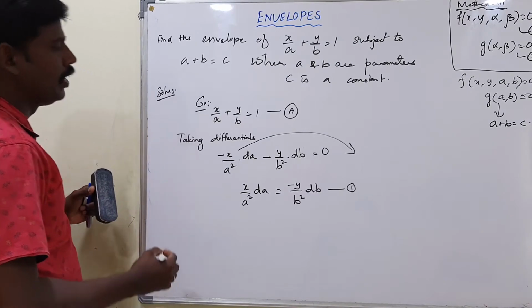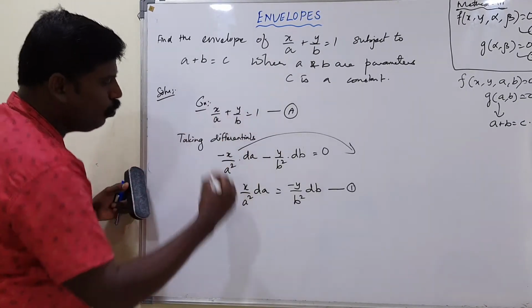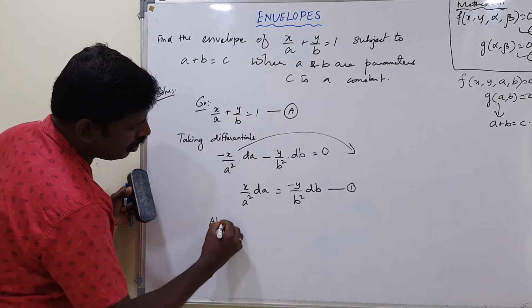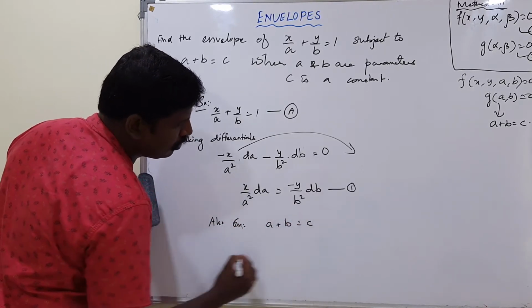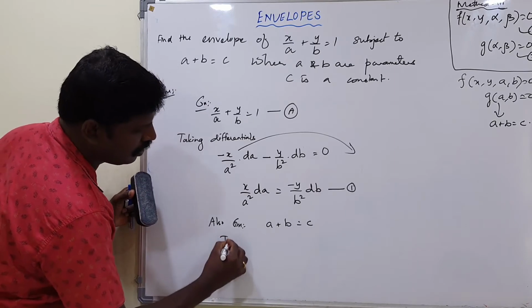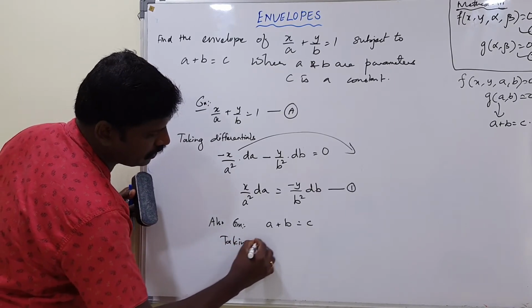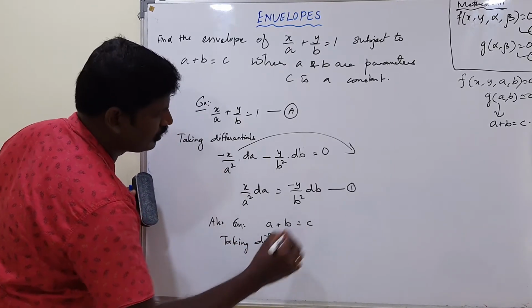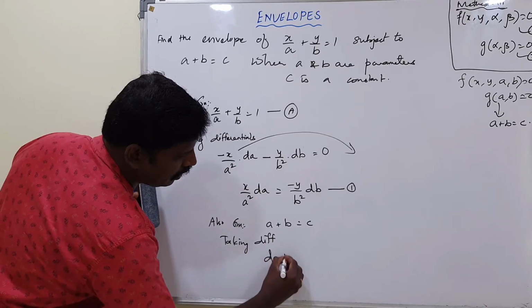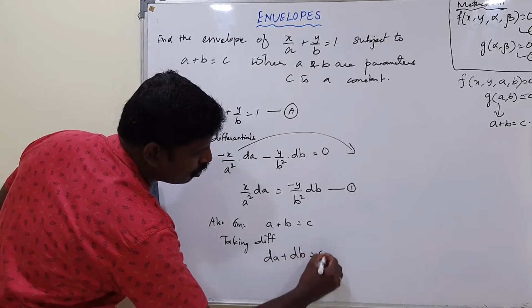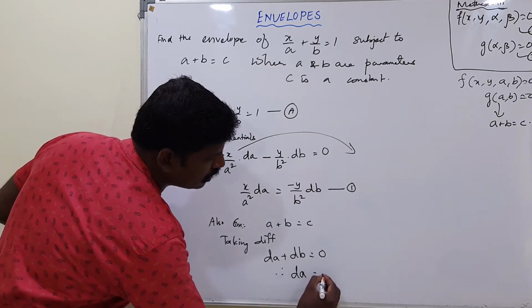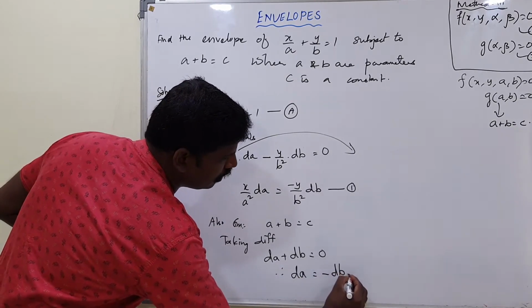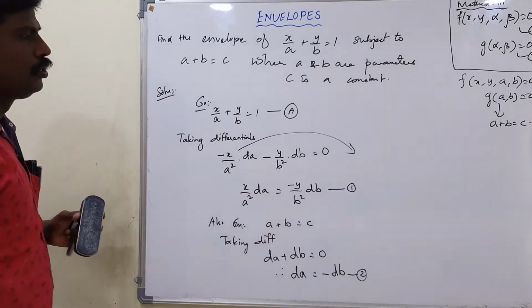And what is the other relationship given? a plus b equal to c. Again taking differentials, what do you get? dA plus db equal to 0. Therefore dA is equal to minus db, called equation number 2.